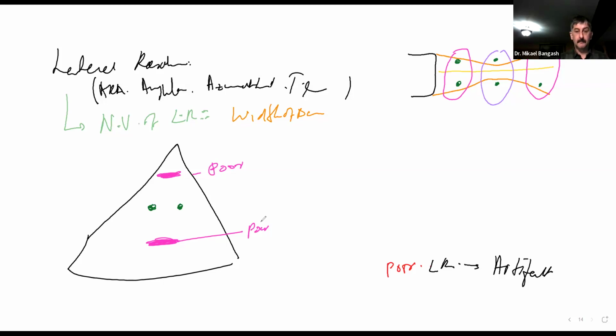Did that make sense? But please keep in mind, guys, that the distance between two side-by-side reflectors has to be greater than the width of the beam for it to be a good lateral resolution.